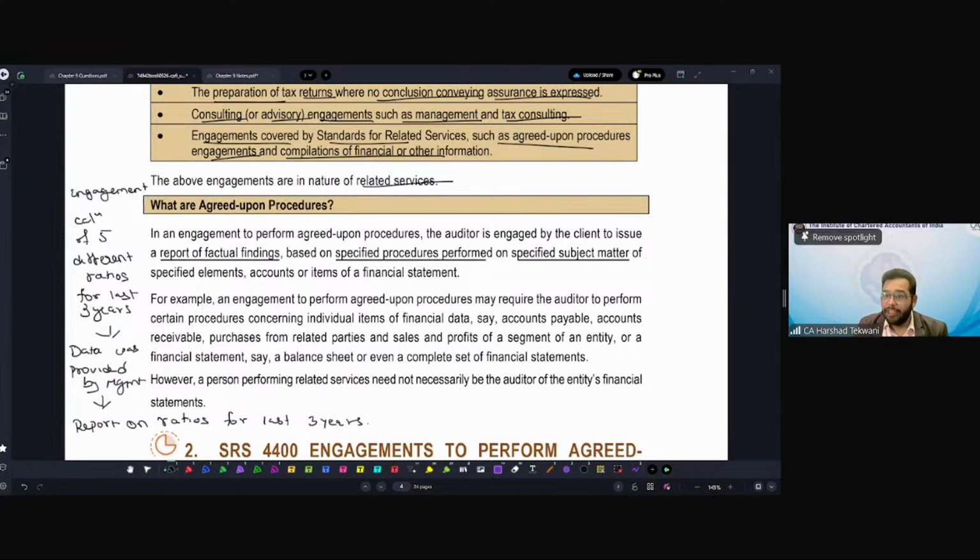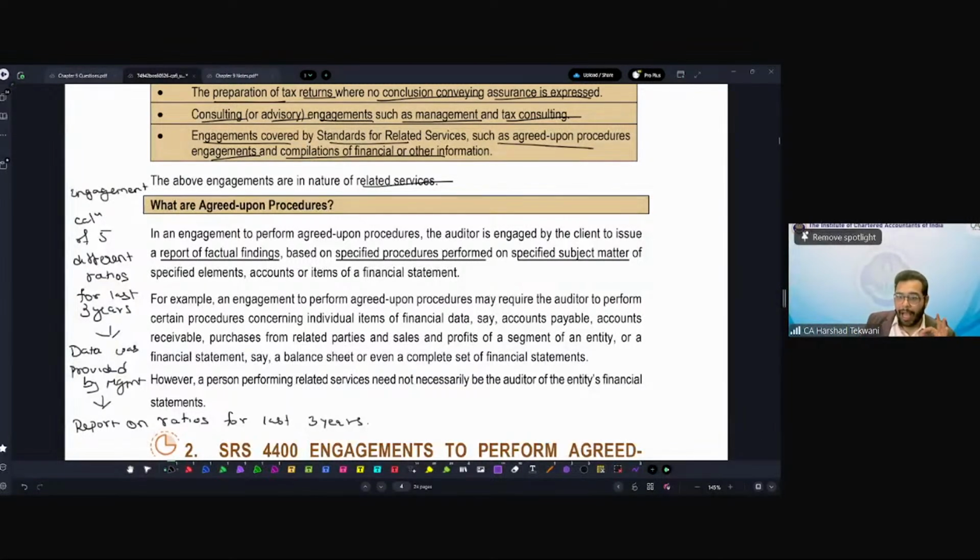Whether this is an assurance engagement or a non-assurance engagement, I need it with reason. If you can tell me the reason, there you will be able to understand. No? Okay, no issues. I'll tell you.